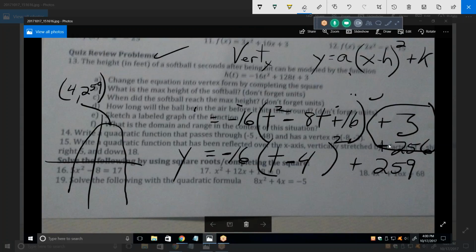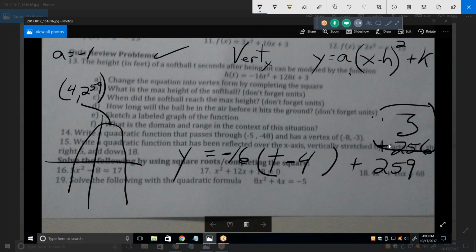Now let me erase all of this. We know our vertex. And let's go ahead and write a equals minus 16. I don't think that's going to be terribly important, but I'll leave the equation down there. In other words, this equation is the same as that.